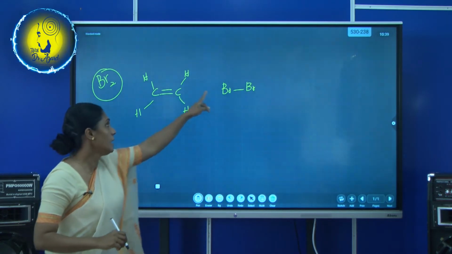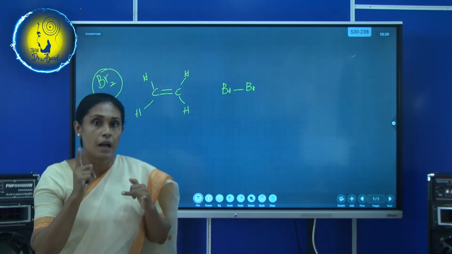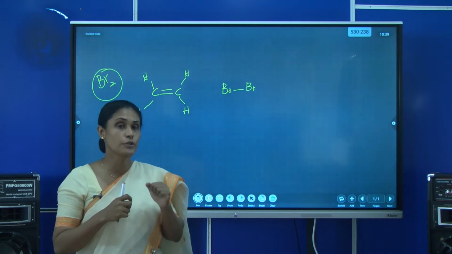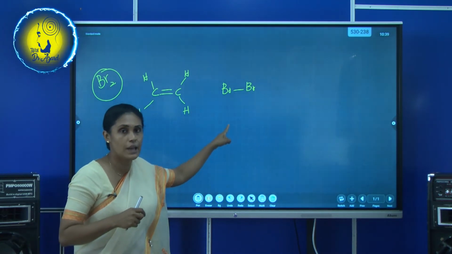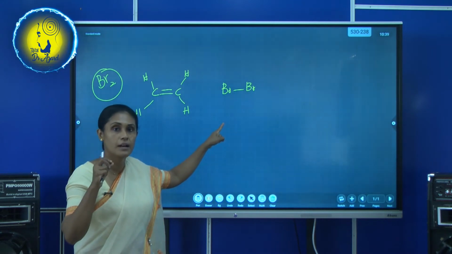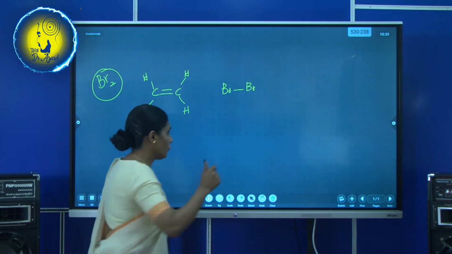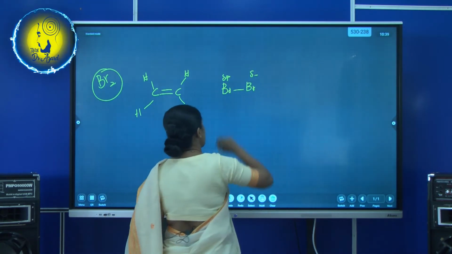Electrophile is there. Here, a special thing happens. What? In the hydrogen bromide compound, I told you there is a polarity. Here also there will be a polarity, though they are in the same compound. So one reacts as delta negative and the other delta plus.